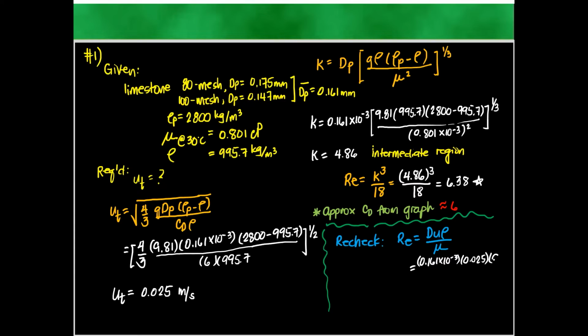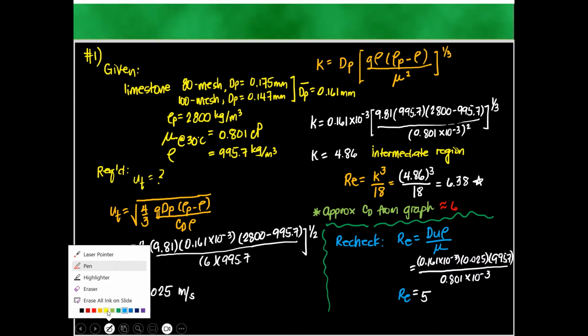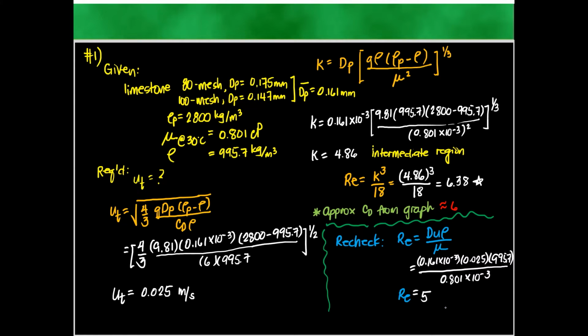And then rho, 995.7, all over mu, 0.801 times 10 to the -3. What would be the value of the Reynolds number? Reynolds number is 5, right? So this one is a bit close to that one.